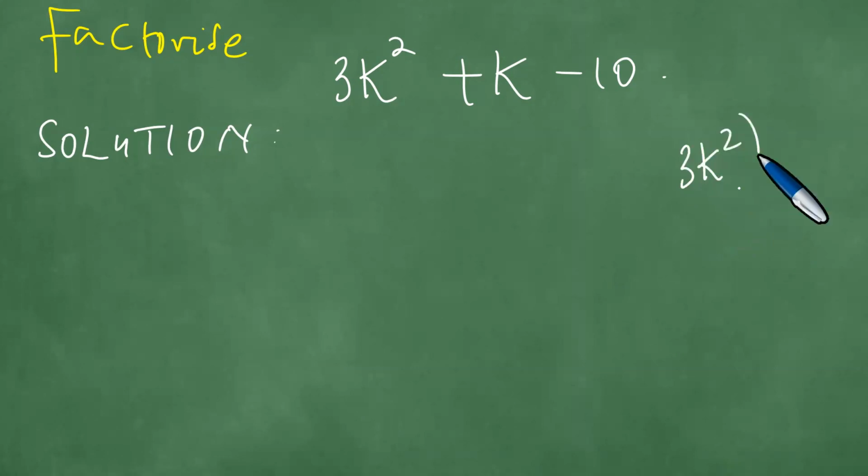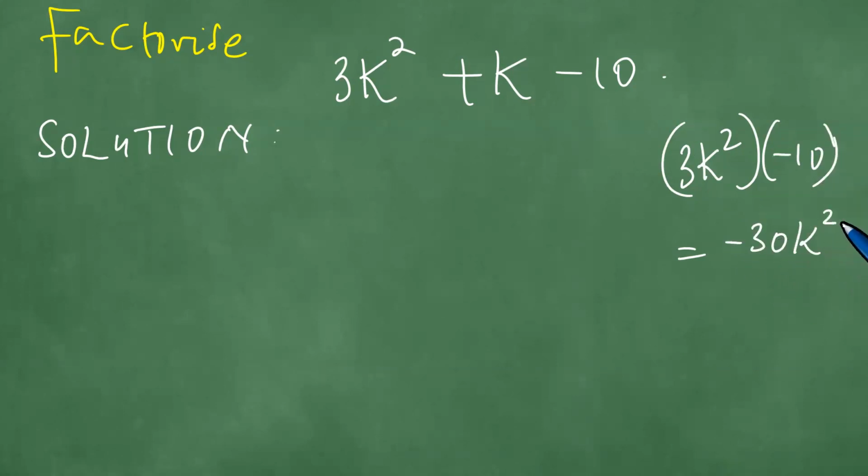So we take 3k squared, we multiply by minus 10, and this is minus 30k squared. So look for the factors of minus 30k squared that will give us k. What are those factors? Minus 5k times plus 6k.